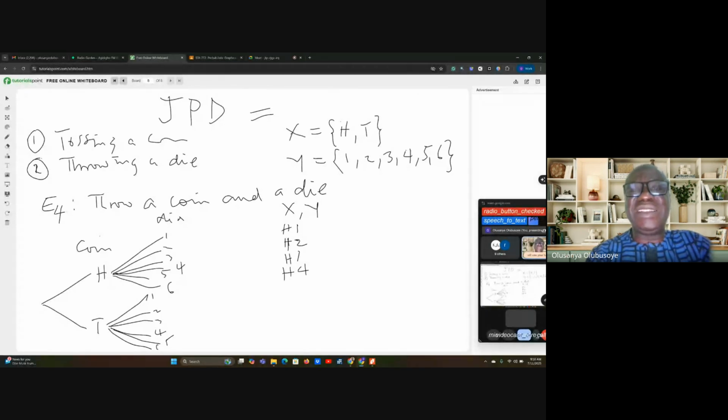You can see I'm having joint because we have two events together. So H5, H6. Same way, tail 1, tail 2, tail 3, tail 4.